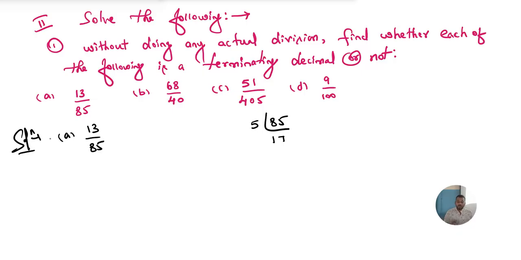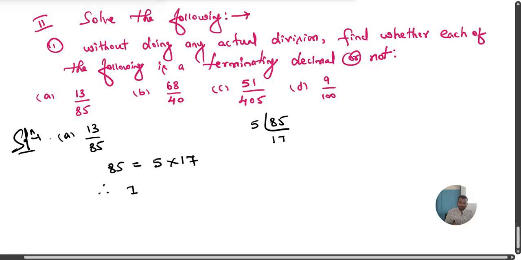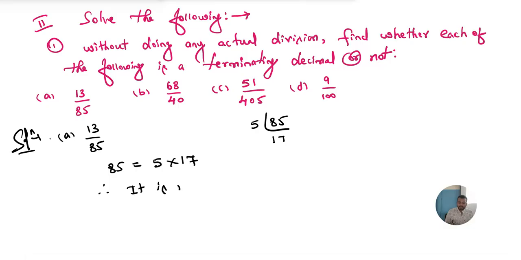Now as you can see, the value of the denominator 85 is in the form of 5 into 17. So we can say that, therefore, the given fraction 13 by 85 is a non-terminating decimal.